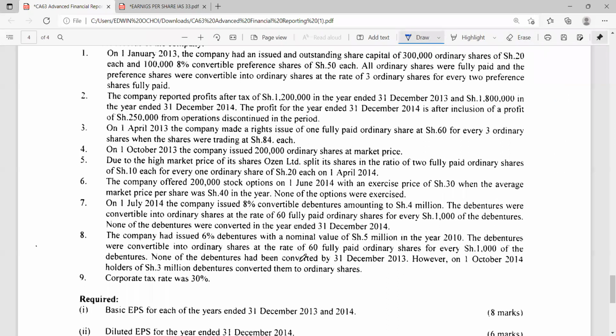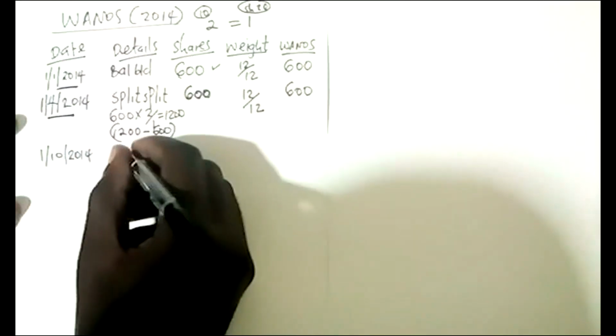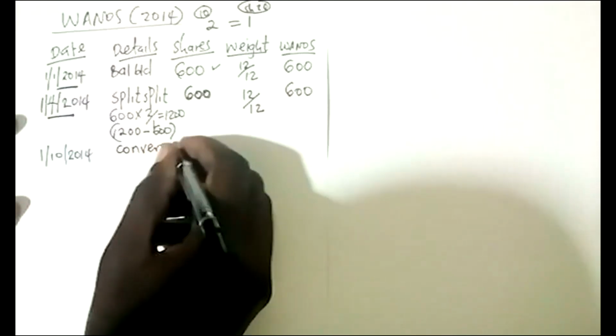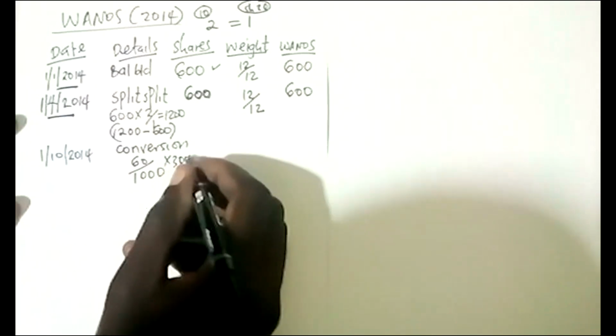For every 60 fully paid ordinary shares for every 1,000 of the debenture. So they converted 3 million. That happened on 1st October 2014. So the conversion is 60 for every 1,000 times 3,000. That is what they converted.